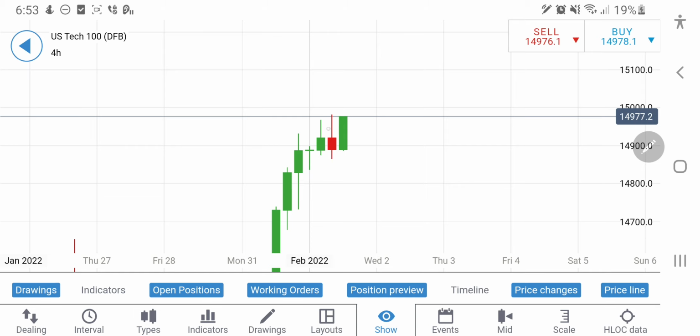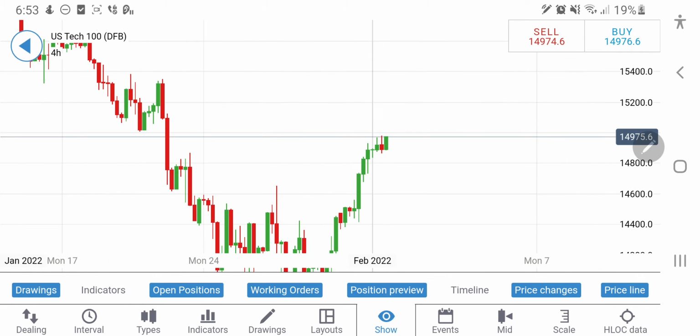So if it continues to rise beyond 15,010, we can expect it to rise towards 15,110 levels, and 15,100 can also be a little resistance. The 15,100, 15,110, 15,120 levels, plus minus 5 to 10 points, can be crucial resistance for US100, and beyond that further green candles may appear, which can take it towards 15,200 plus levels.